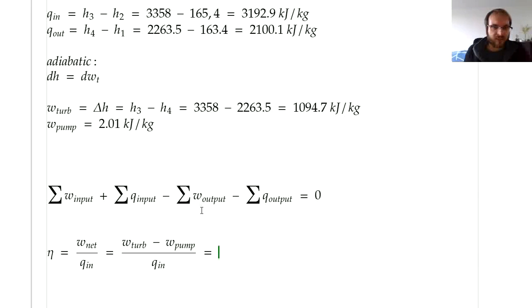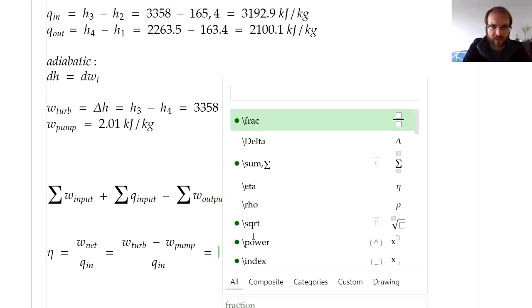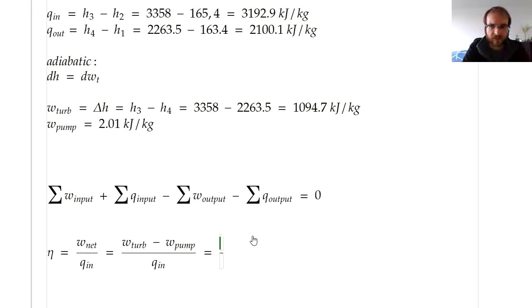From the energy balance, we could also see that the net work output could be determined as the difference of the heat input minus heat output, because the overall energy balance must always work; energy cannot just disappear or originate out of nothing.